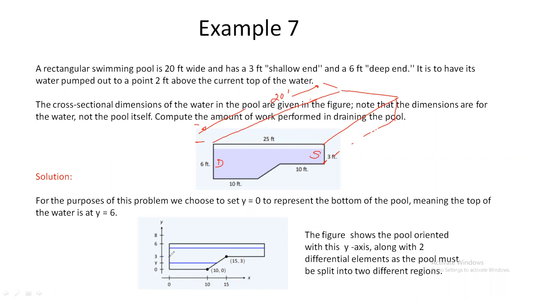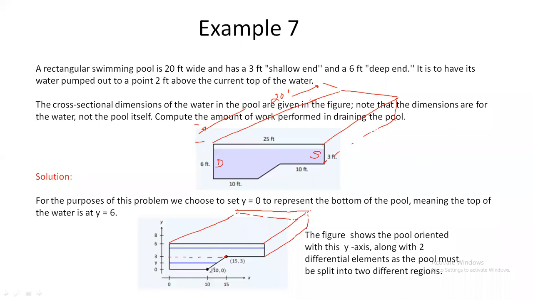So your first region or your first portion is this one. So you have this rectangle. Okay? And I will draw again like that so you can easily visualize. Okay, that's it. So this is your first portion. Okay, that's your first region.